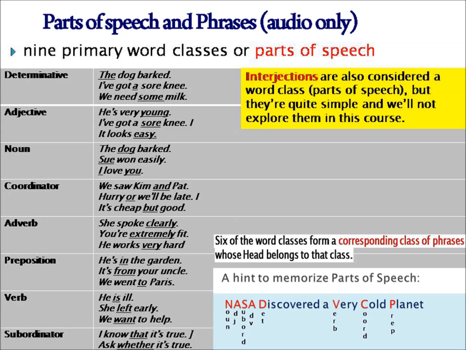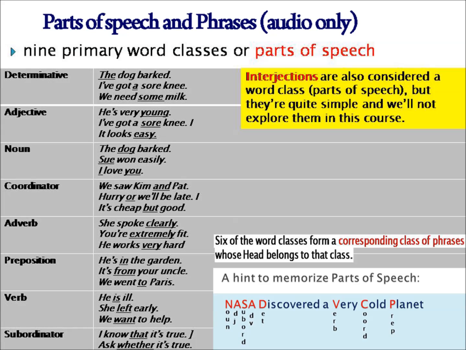It's saying, okay, it's any dog, it's not a specific one. Okay? So, please don't mix up determinative with definite pronoun. Determinatives are words that work to restrict the meaning of some noun.